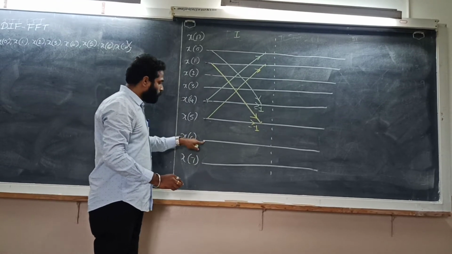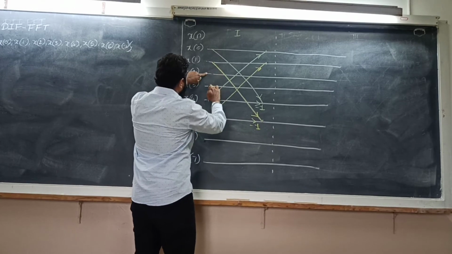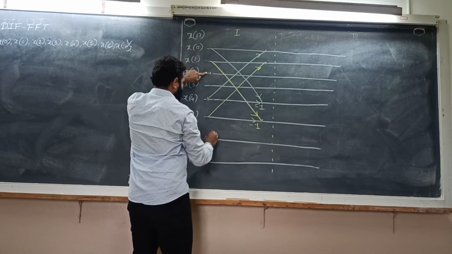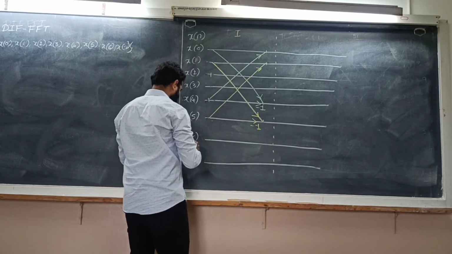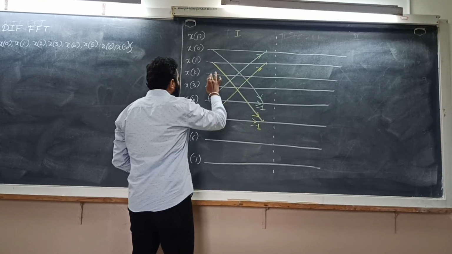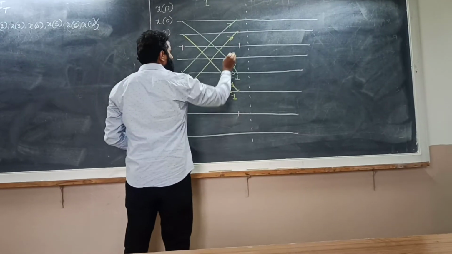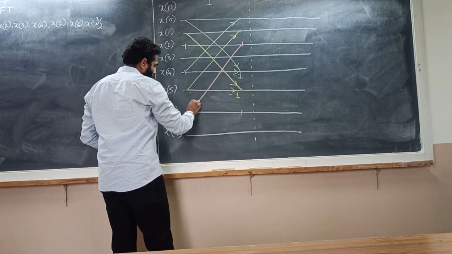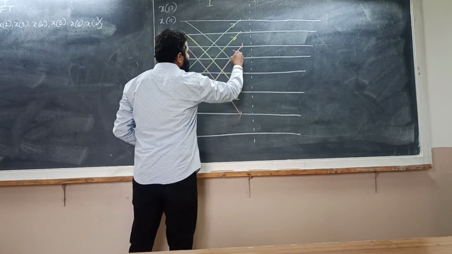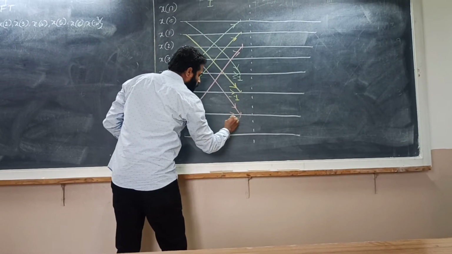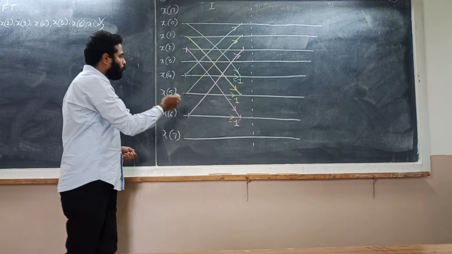Then we come to third and seventh, 1, 2, 3, 4, 5, 6 and 7, by negating 7th. And finally 4 to 8, 8 to 4.